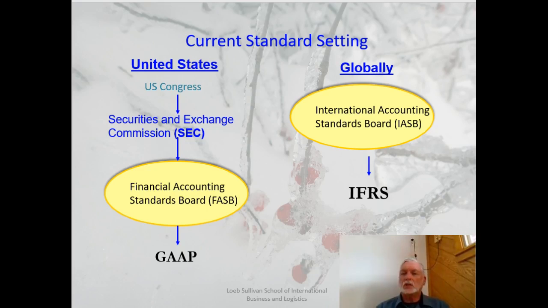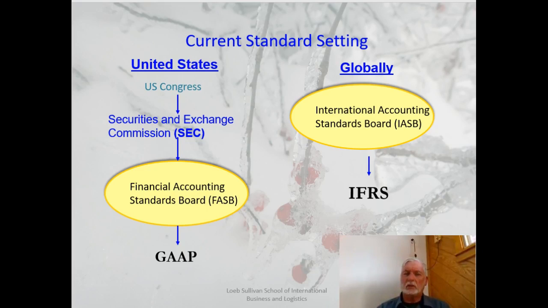Internationally, for the last 30 years or so, there's been an international system, which is created by the IASB, which is based in London, and it's under the auspices of the United Nations, and they have created a set of rules called IFRS, or International Financial Reporting Standards. The two systems are similar.